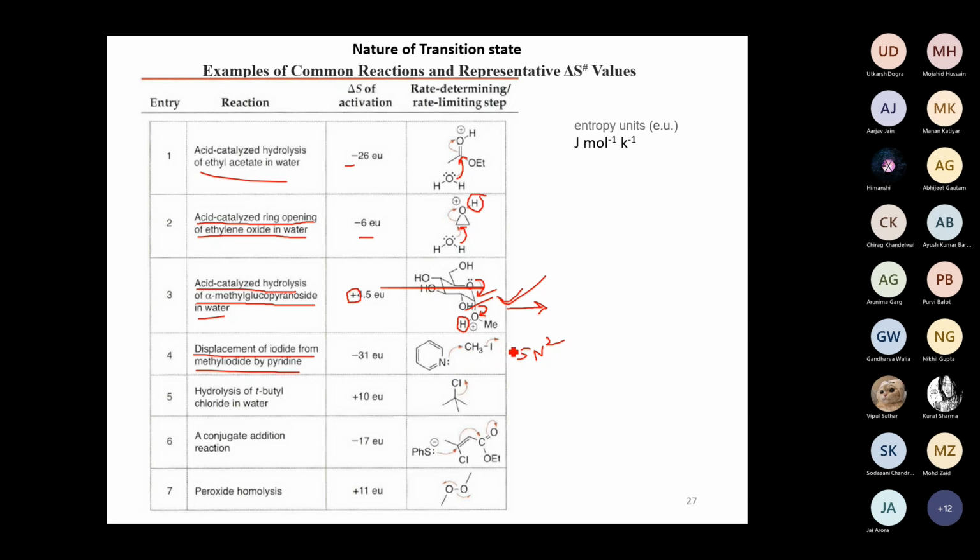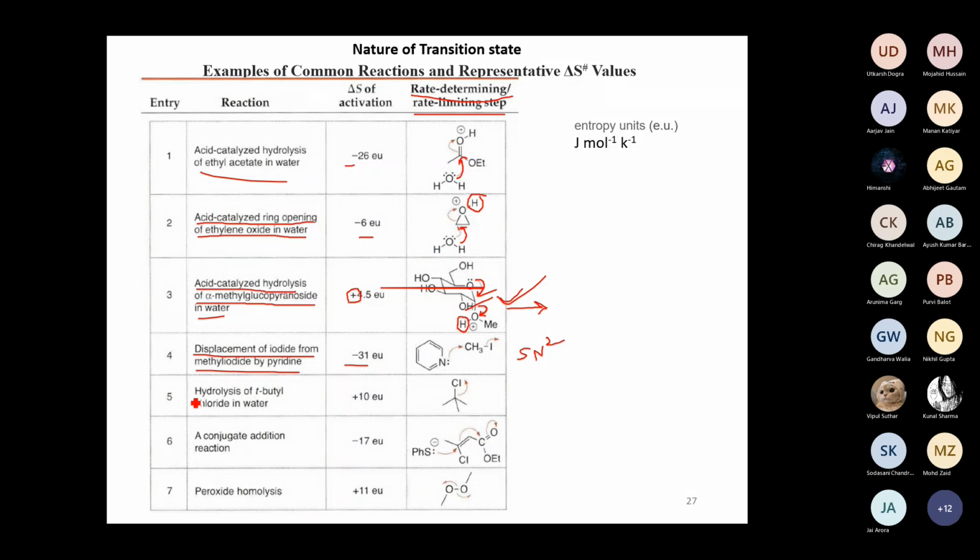Okay, so in the beginning, pyridine is a separate molecule, methyl iodide is a separate molecule, but in the transition state or rate determining step, two molecules are coming close to each other, so it is decreasing its entropy compared to the starting material. So this is always negative, right?